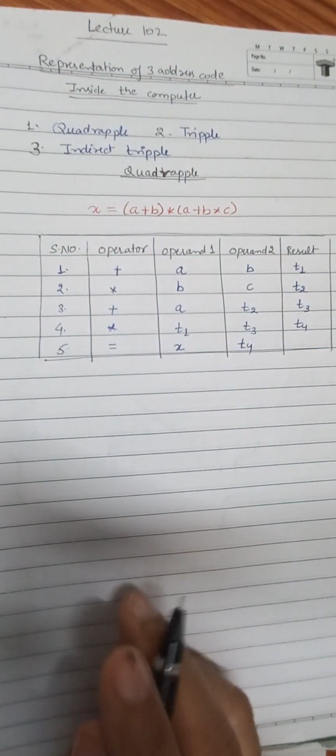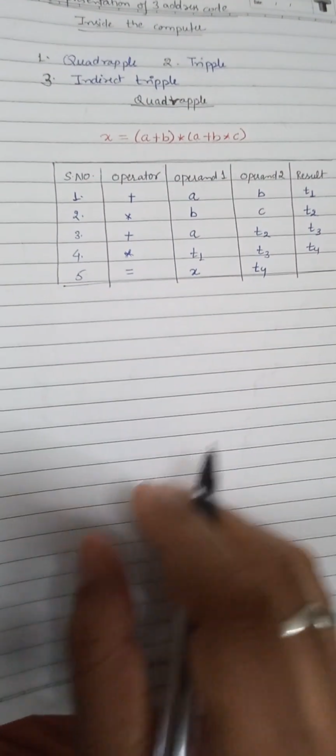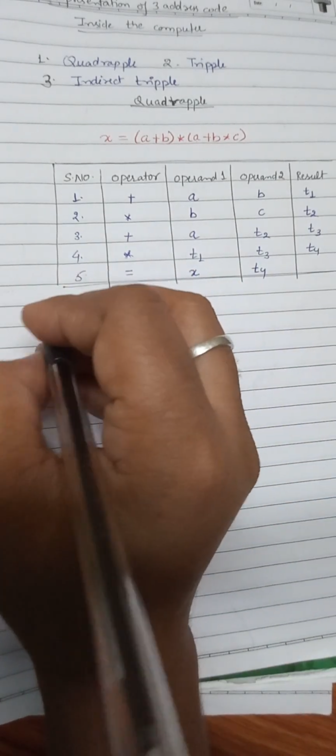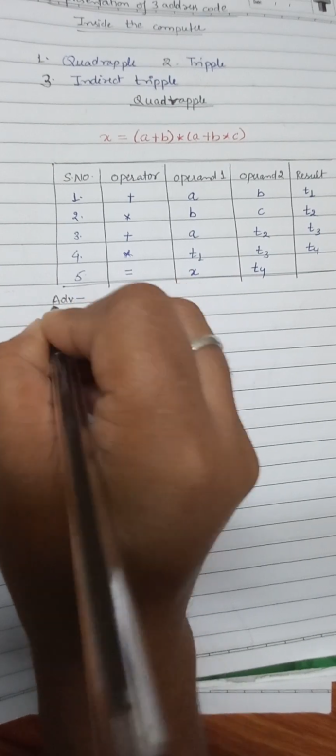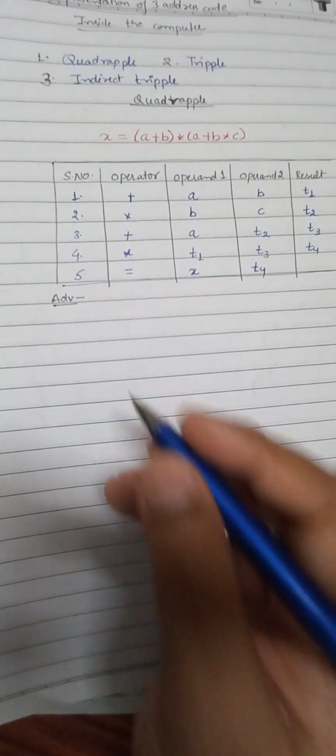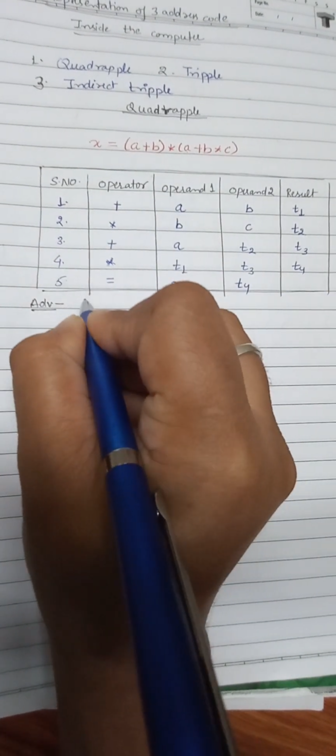This way has some advantages and some disadvantages, so we are going to see that. The advantage is that, as we are able to see, we are storing the result somewhere.